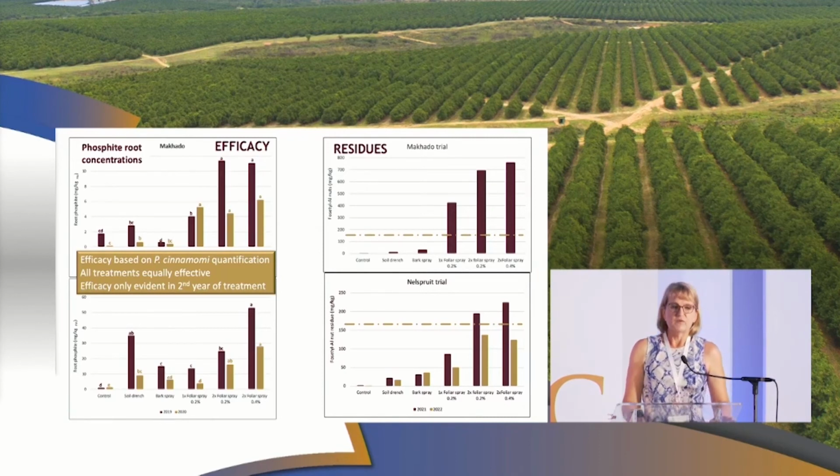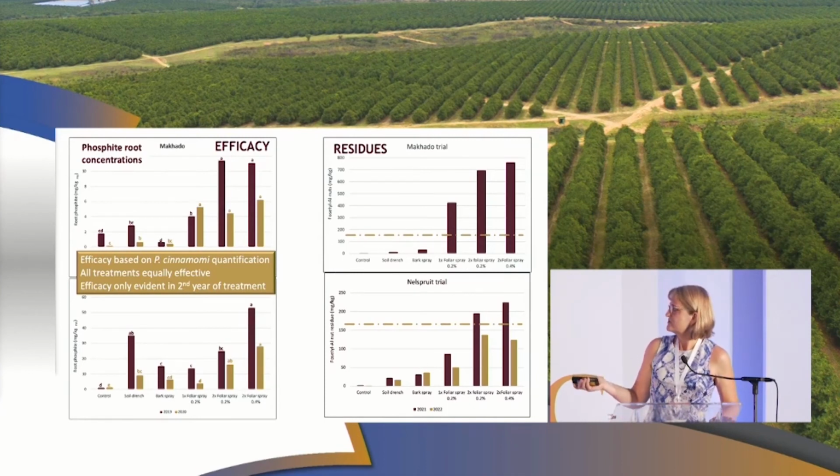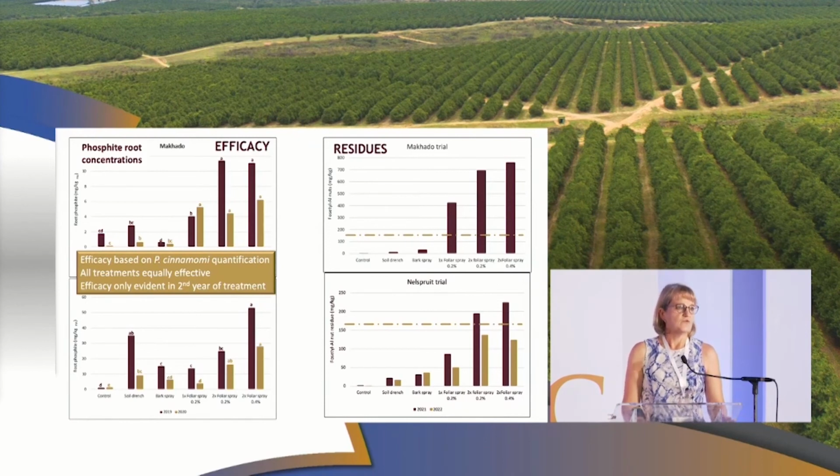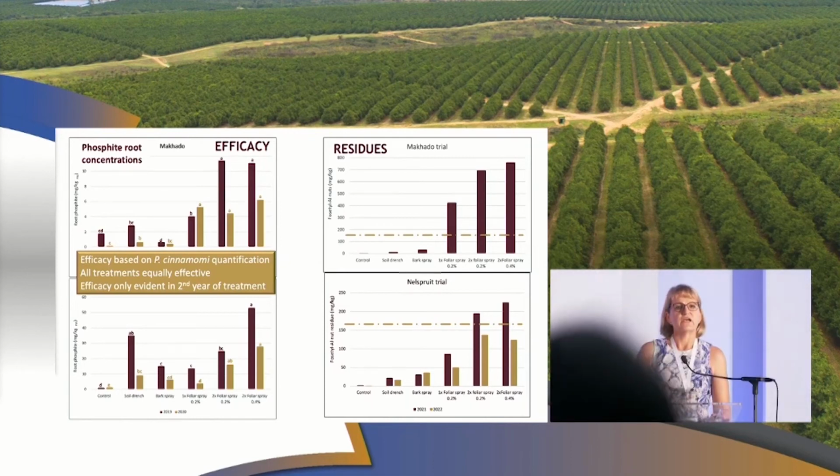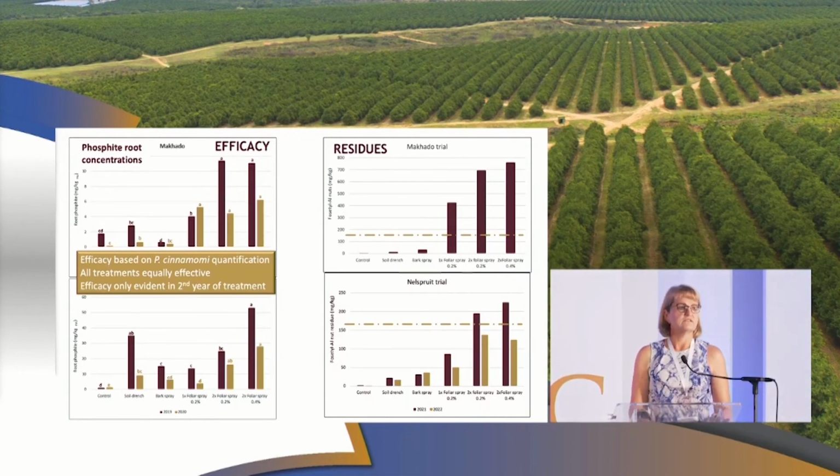And then from a market access point of view, very important here, these graphs show the residues. Although the MRL for phosphonic acid, which is the residue of phosphonates, is 500, I've drawn the line there at about 160, which is what the specialty supermarkets in Germany would require you to adhere to.